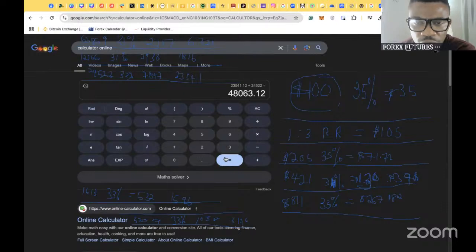New balance will become 48,063. This looks like week 10. Week 1, week 2, week 3, week 4, week 5, week 6, week 7, week 8, week 9, week 10. In the 10th week, we already have approximately $50,000.